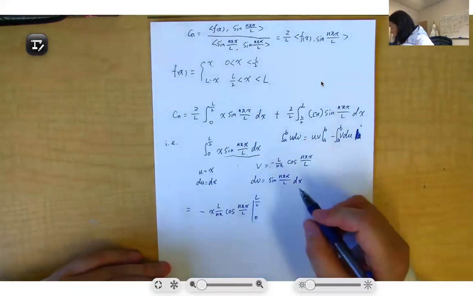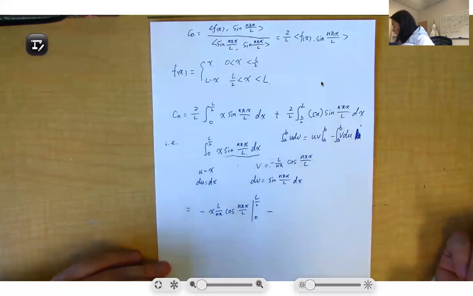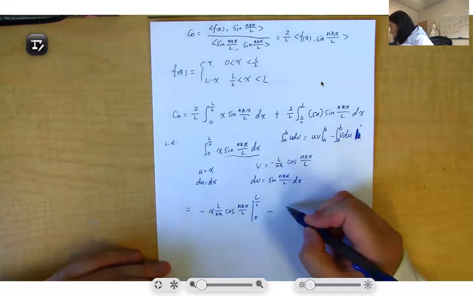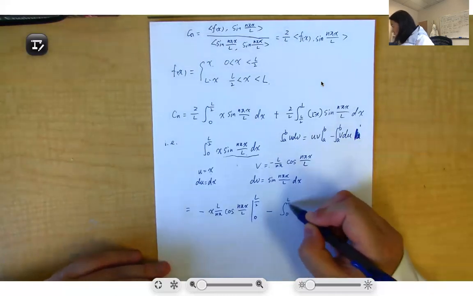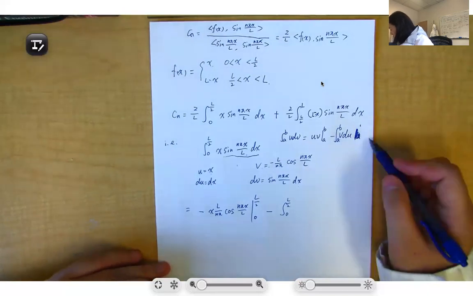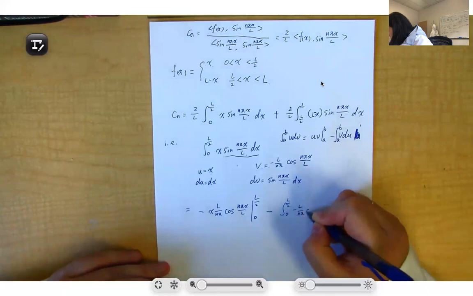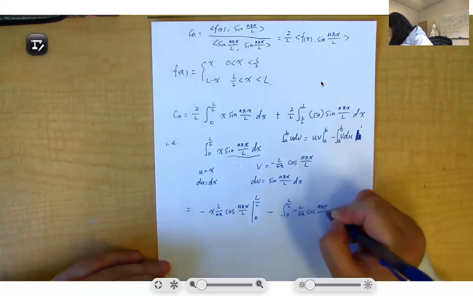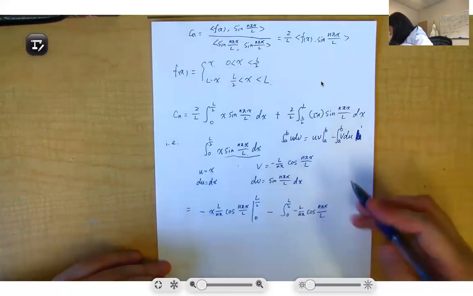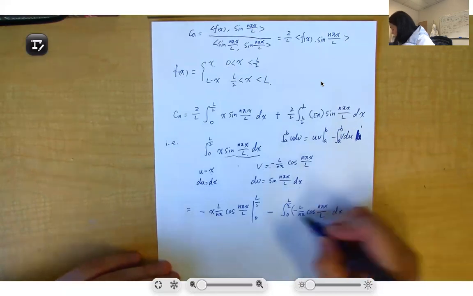Okay, and then minus the integral from 0 to L over 2 of v du, which is negative L over n pi cosine n pi x over L, and du will be dx.